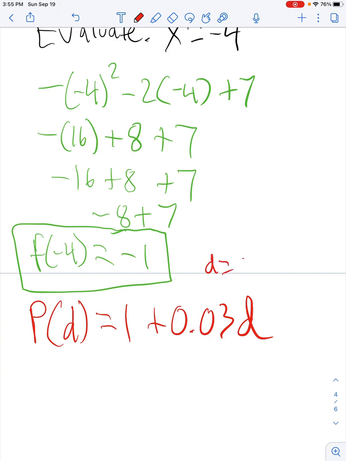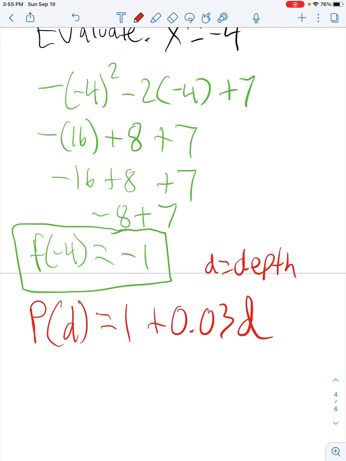Okay, so D equals depth. And so we want to graph the function and determine a reasonable domain and range. What is the pressure on the diver at a depth of 33 feet?